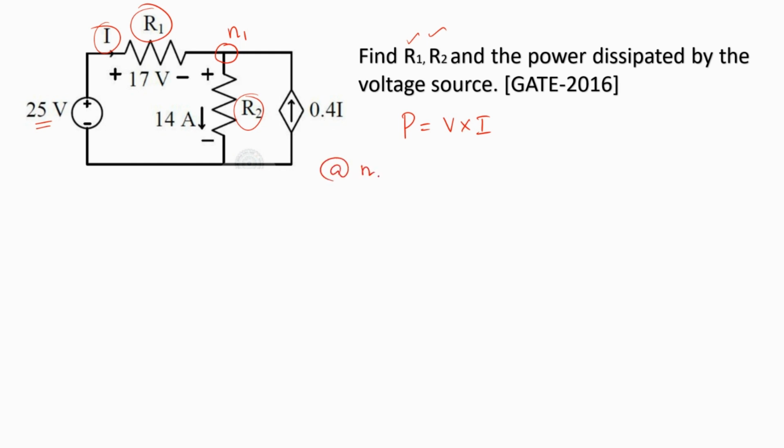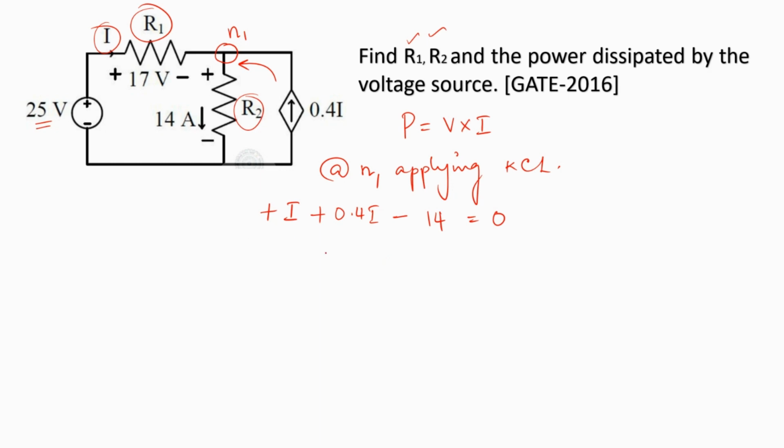So at N1, if I apply the KCL, here we have the current I entering N1, so that would be plus I. And we know that 0.4 I is also entering node N1, so I'll call it 0.4 I with a plus sign. And we know that 14 amps is coming out of this node, so then we have minus 14. This is equal to 0. So this is the KCL equation at node N1.